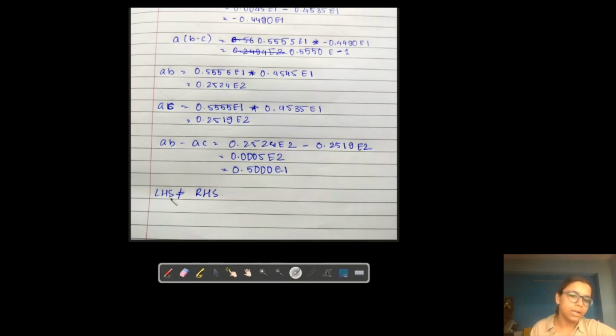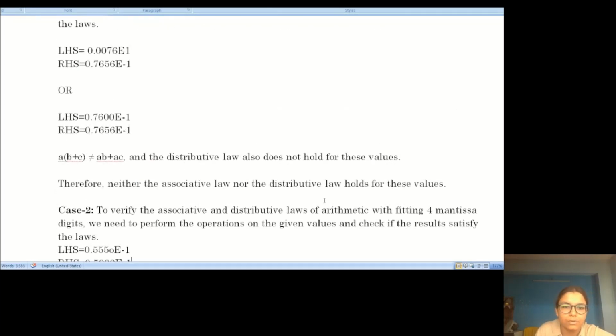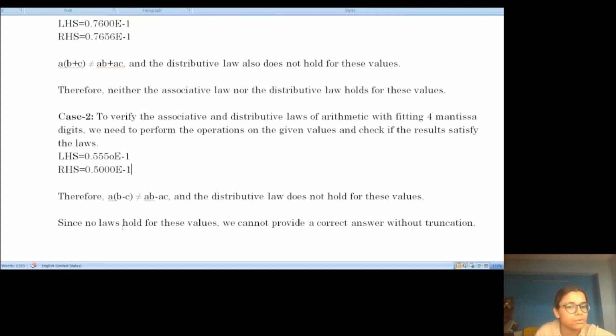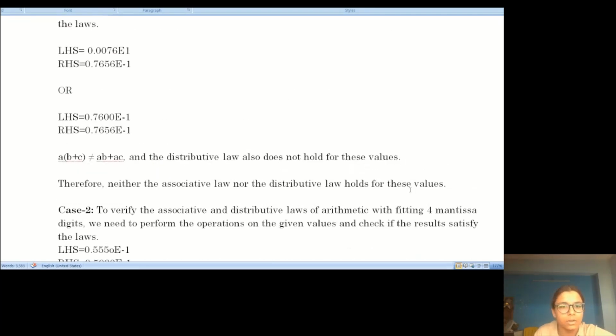LHS was not equal to RHS, and therefore both the associative and the distributive law for case 2 do not hold for the values. Since no law holds for these values, we cannot provide a correct answer without truncation.